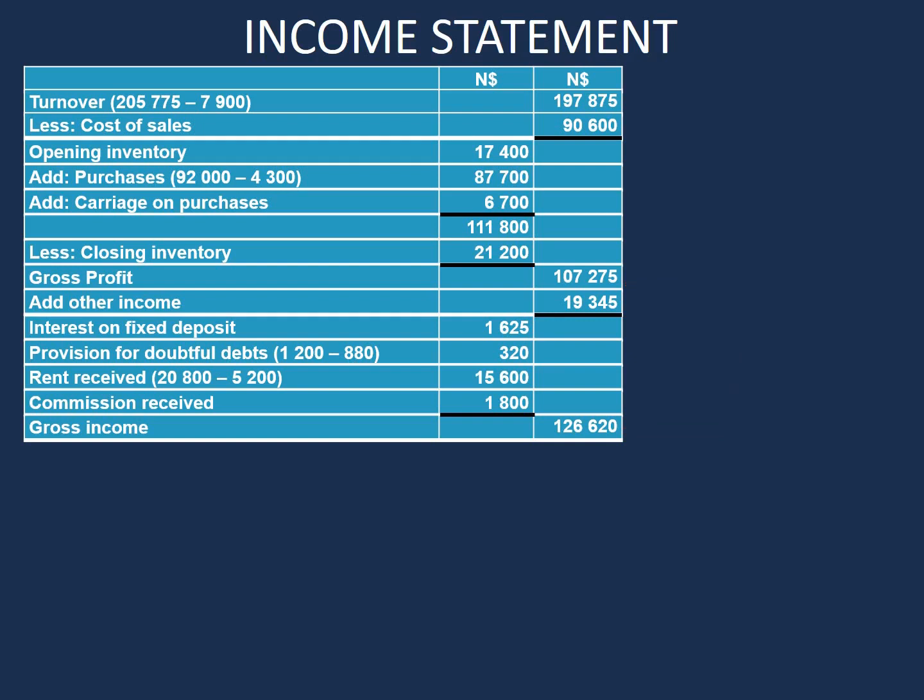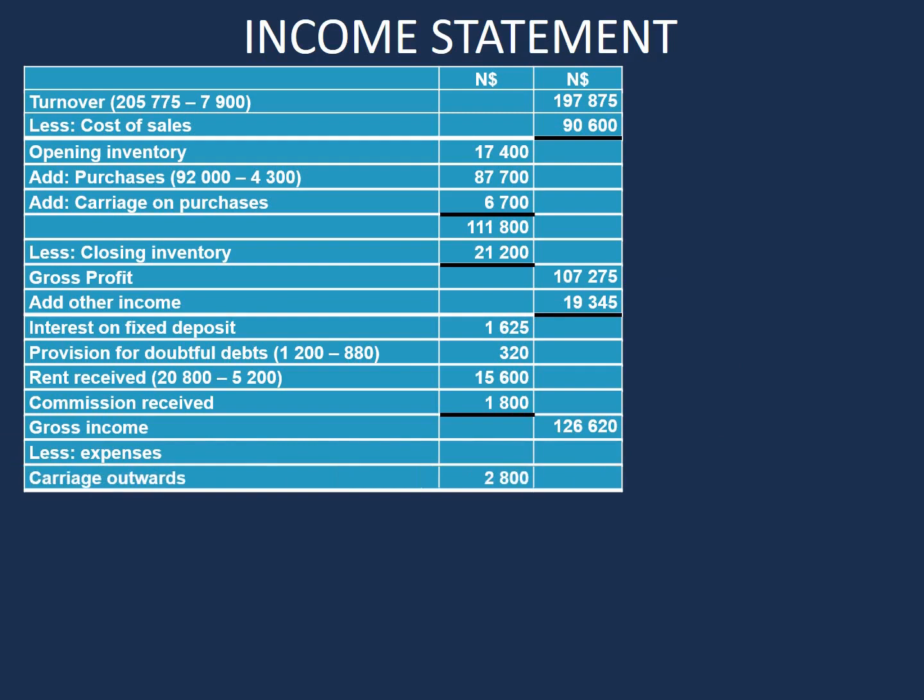Now, after our gross income, we need to subtract our expenses. Our expenses are carriage outwards, and remember, carriage outwards is different from carriage inwards. Our carriage inwards or carriage on purchases shows in our cost of sales.